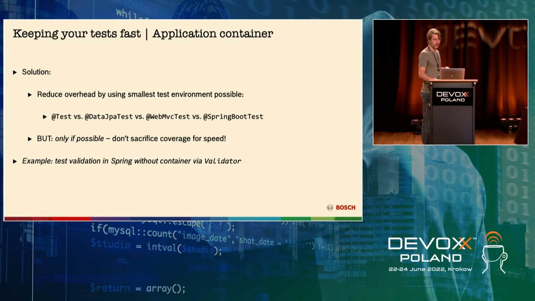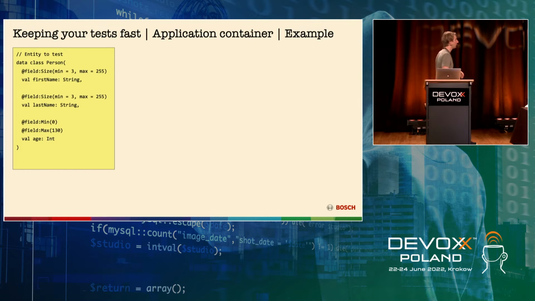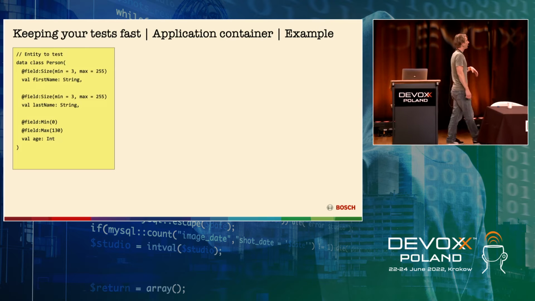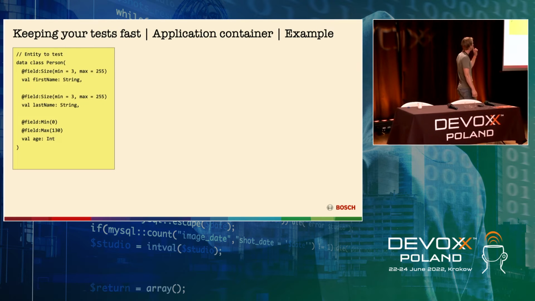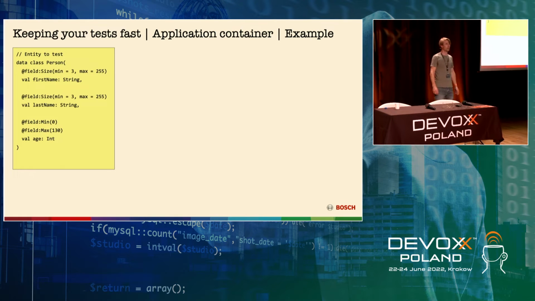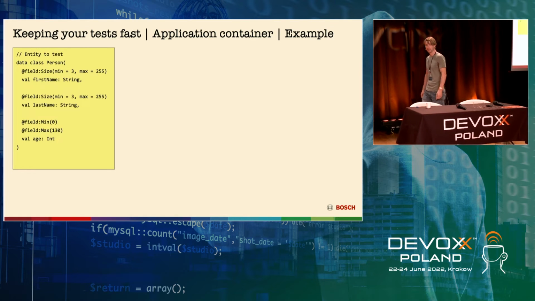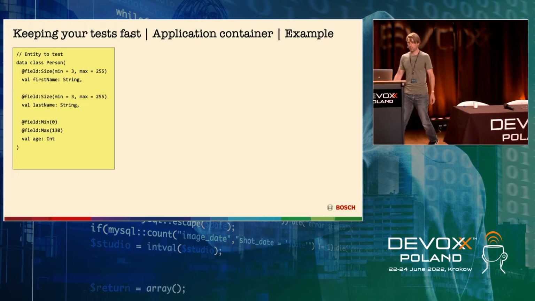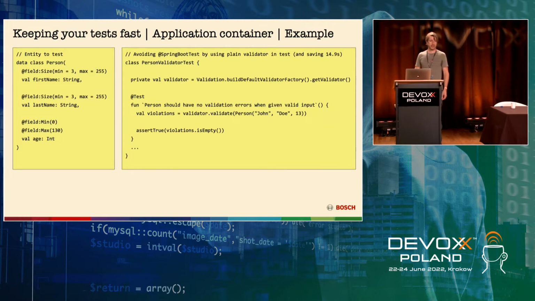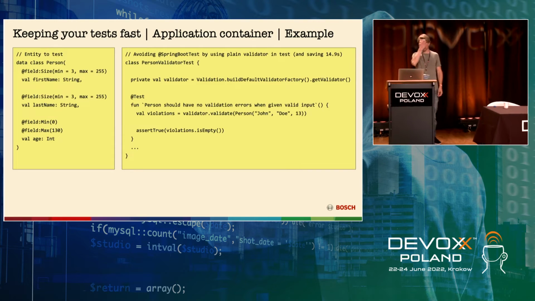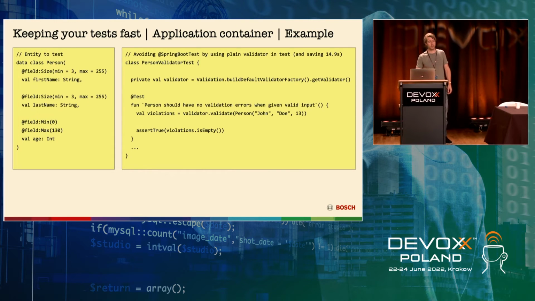One example I have here is validation testing in Spring without the container. So let's assume you have a class Person which has a bunch of fields with some validators on them, and then you want to test those validators. Then you could either do that with a Spring Boot test, or in this case it even works with a plain JUnit test.